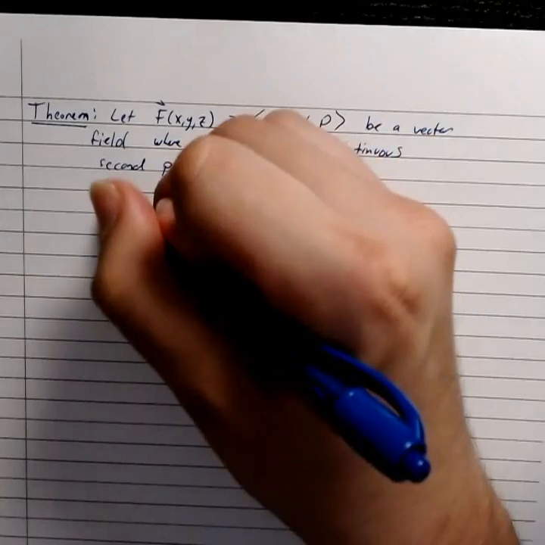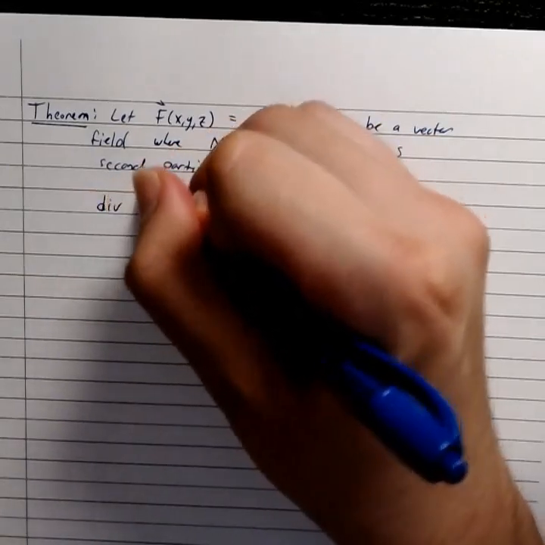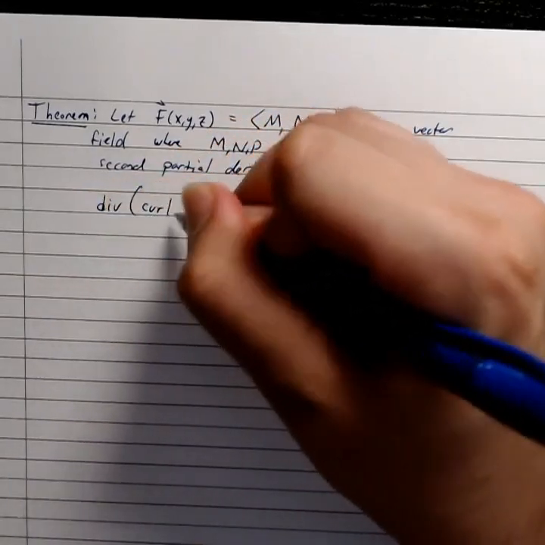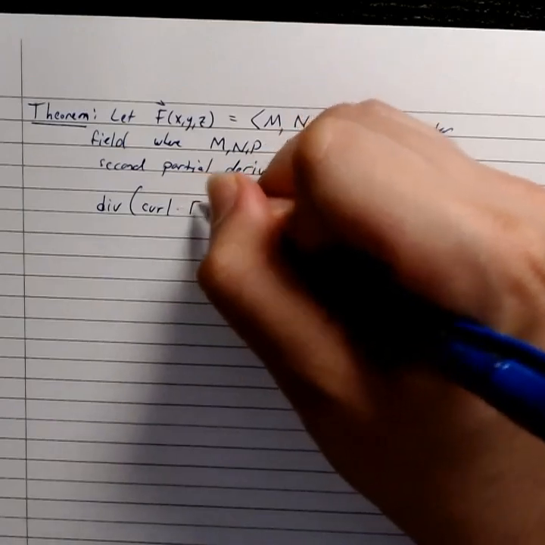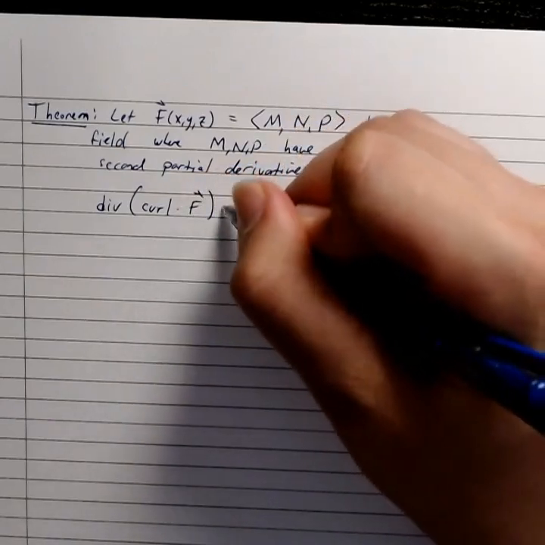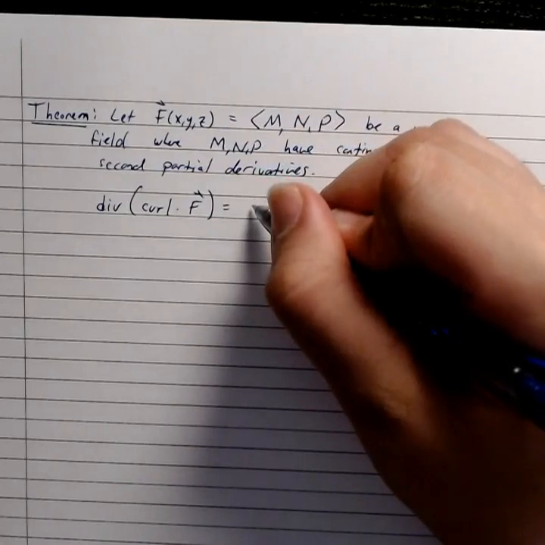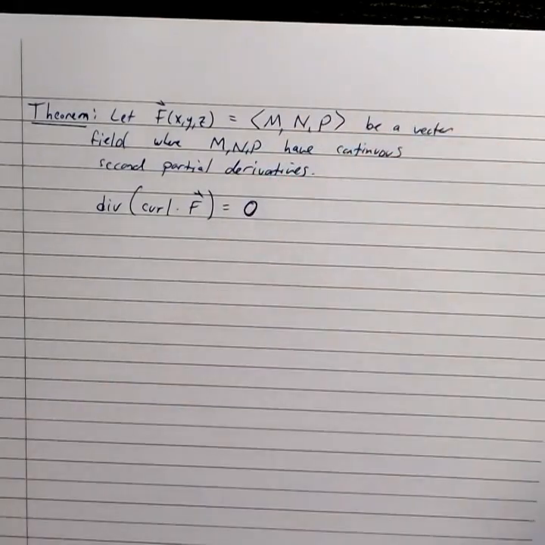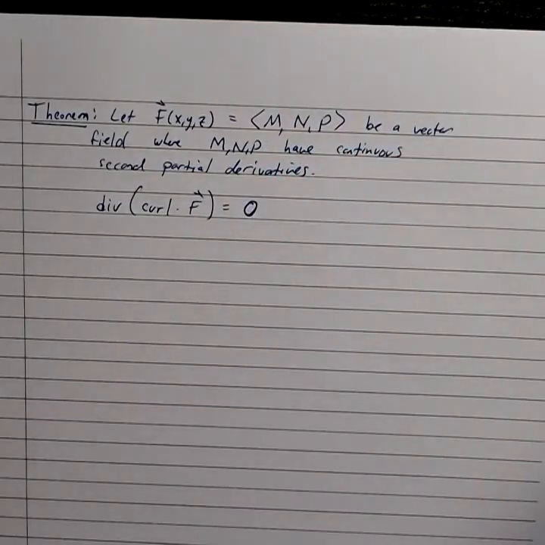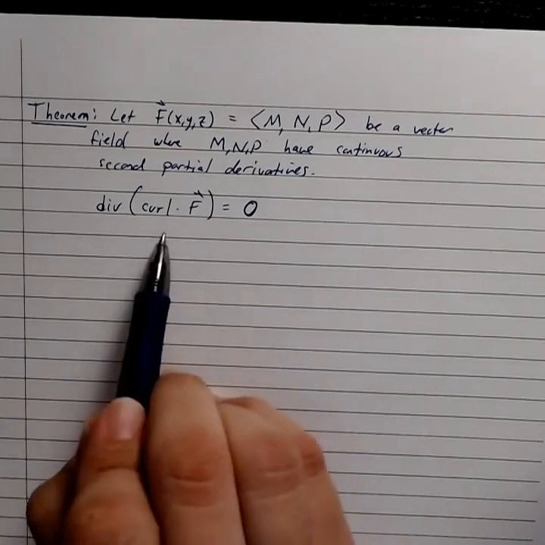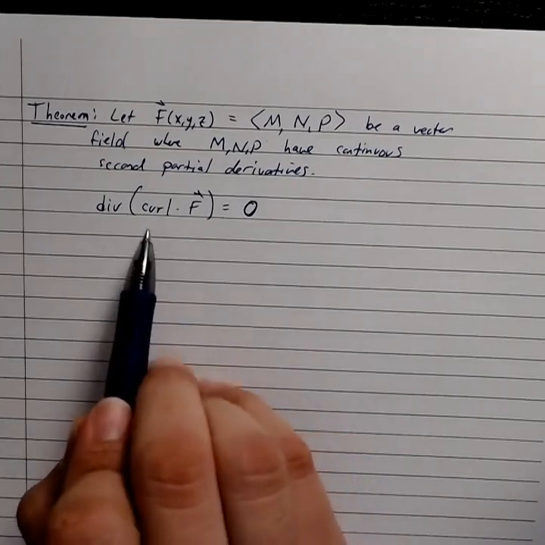If that's the case, then the divergence of the curl of f is going to be just 0. The proof of this one is easily accessible, although a bit long.